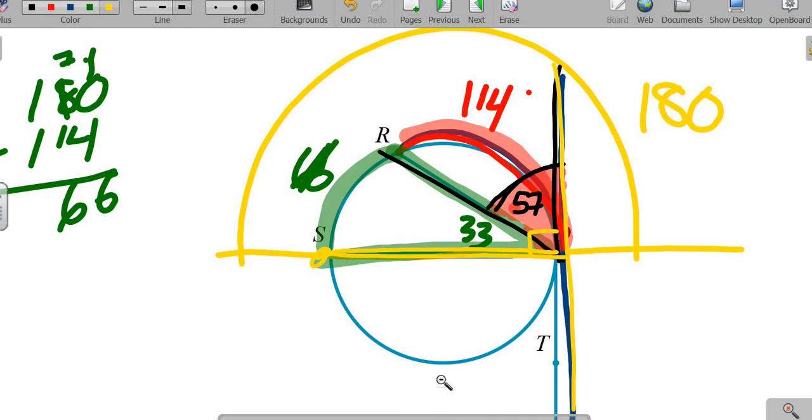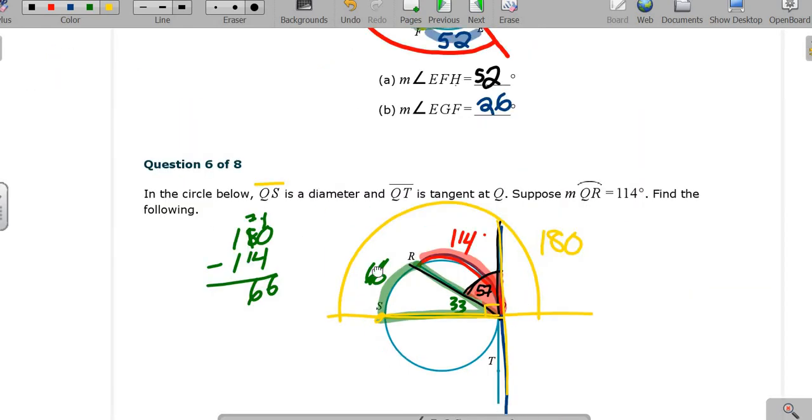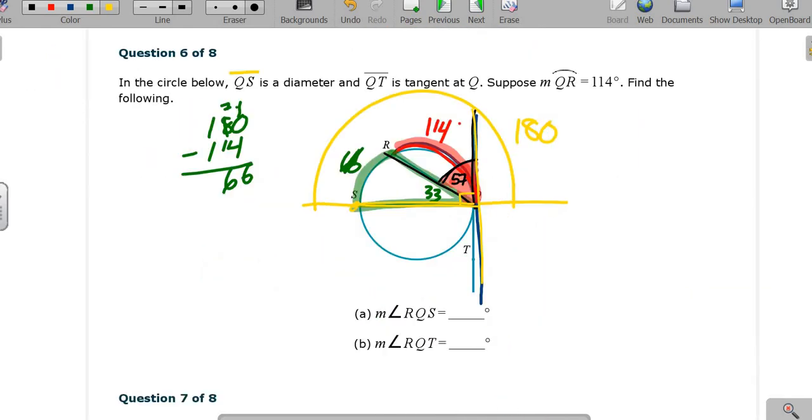Now, focus on what we have here. So, RQS. RQS. Boom, 33 degrees. And then RQT. RQT.